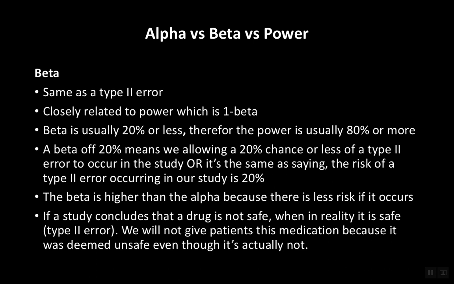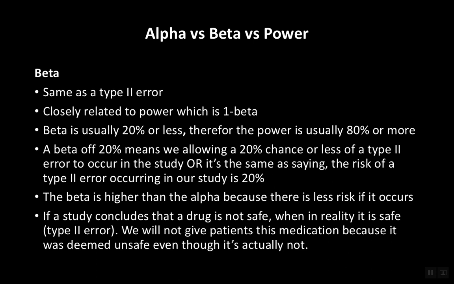That's when you say no to my hypothesis, right? No, this drug is not safe. But wait, in reality, this drug is safe, right? So that's when you commit a type 2 error. But in this case, once you said, no, this drug is not safe, we won't give it to anybody, so no harm is involved.